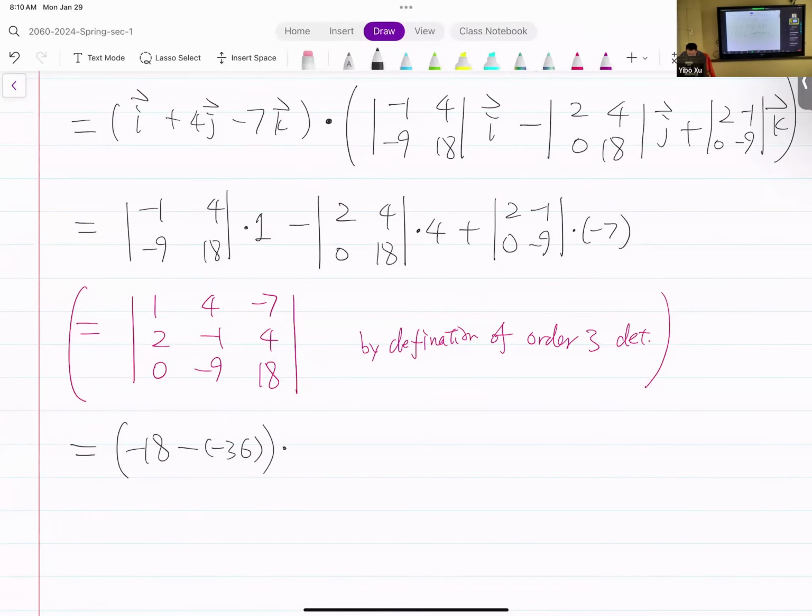That multiplies 1, we just keep it there, minus. Now along the diagonal is 2 and 18, that gives you 36, minus the off diagonal, 0 times 4, is 0. Then we multiply by that 4, plus. Now 2, -1, 0, -9: these two multiply as -18, and the off diagonal multiplies to 0.